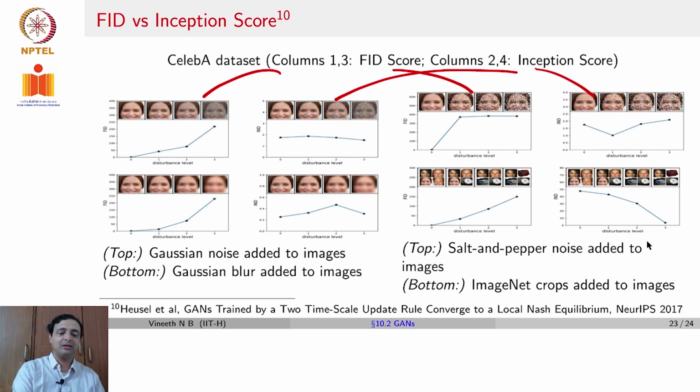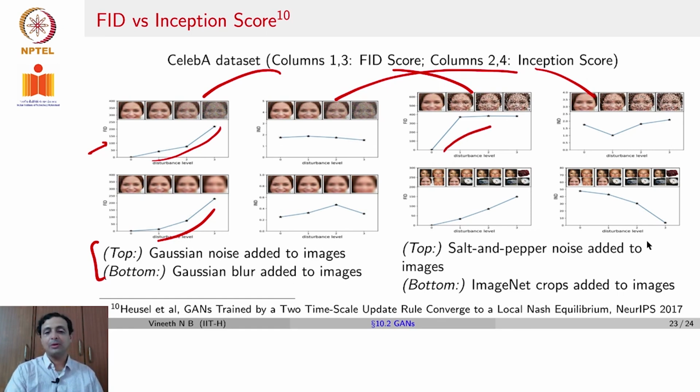So you can see here, in this particular case, the top row denotes images with added Gaussian noise, and you can see that the FID score keeps increasing, which means it's getting worse and worse as you add more and more noise. That's expected because your distribution is changing. Similarly here too, when Gaussian blur is added, the FID keeps increasing.